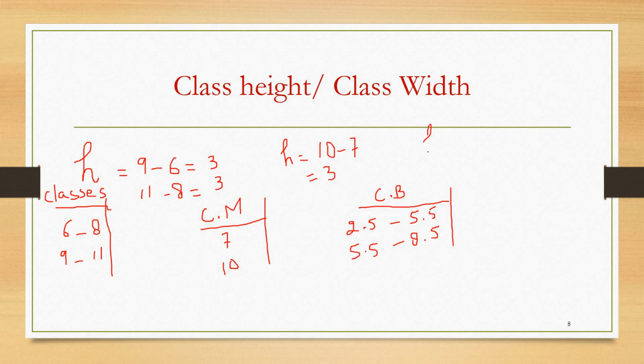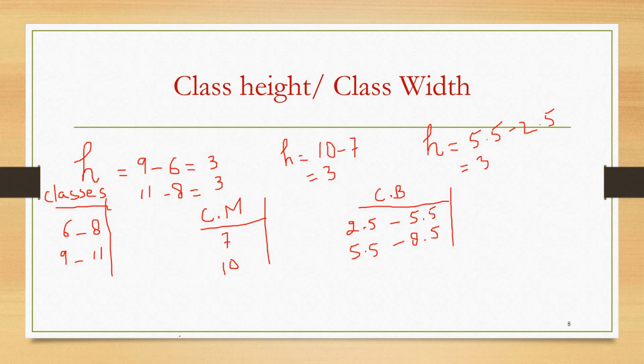How will we calculate class height and class width? The difference between two consecutive lower class boundaries, or the difference between two consecutive upper class boundaries. When we take the difference of lower class boundaries, 5.5 minus 2.5, this is equal to 3.